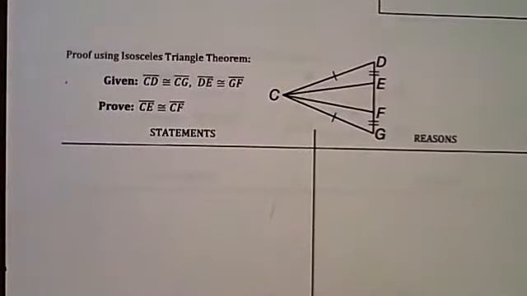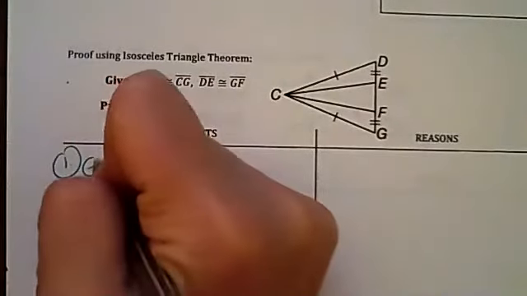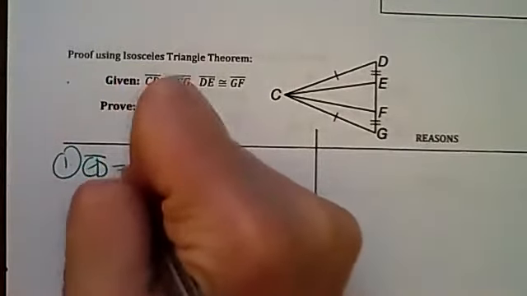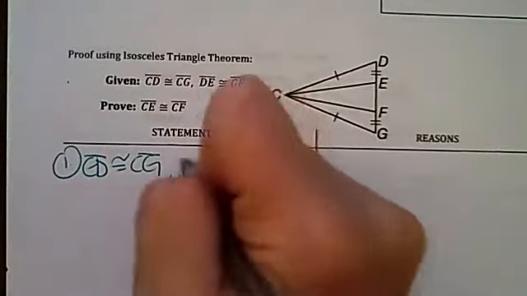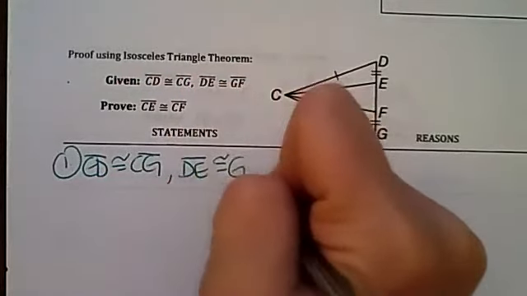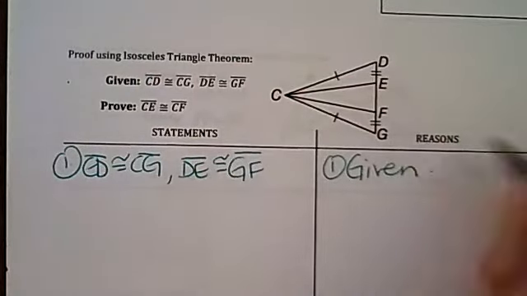So we are given in this one, let me restate the given. CD is congruent to CG, and DE and GF are congruent. The given was already marked for you. If you're ever doing a proof and the given is not marked, definitely mark it.